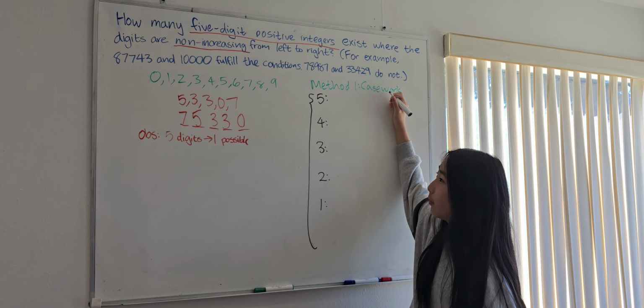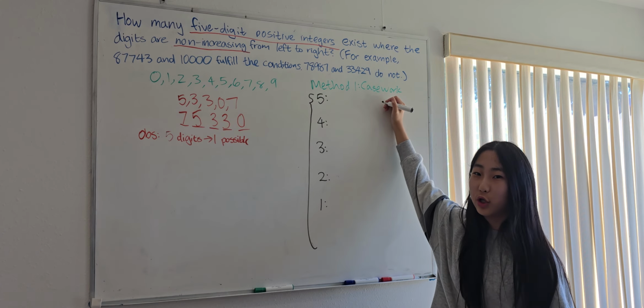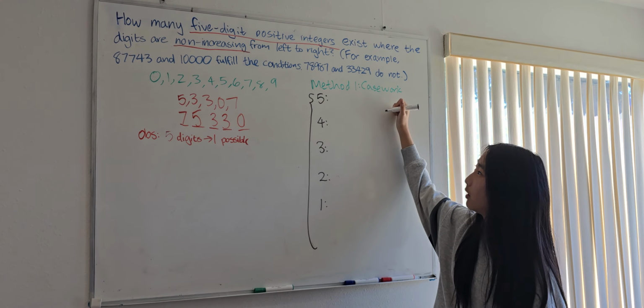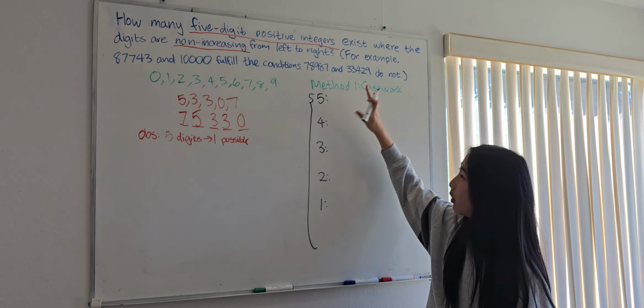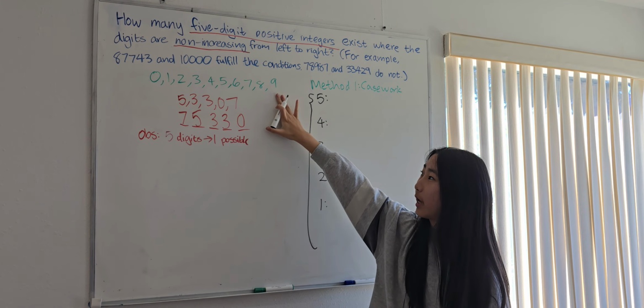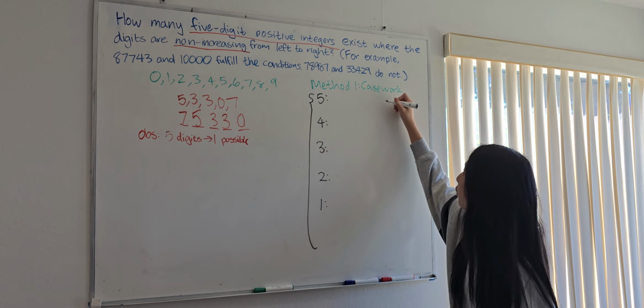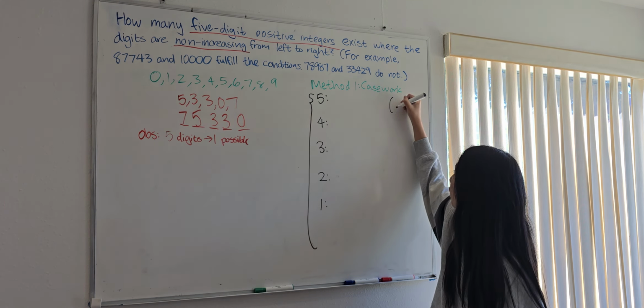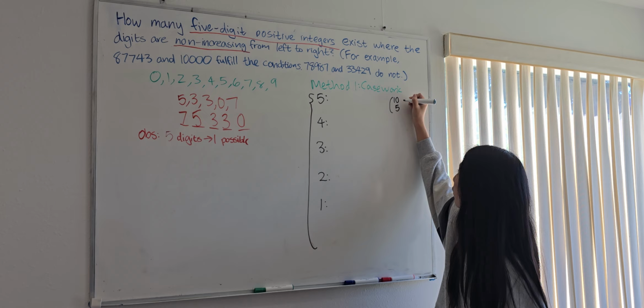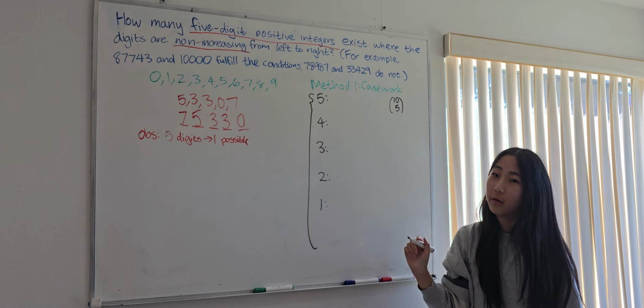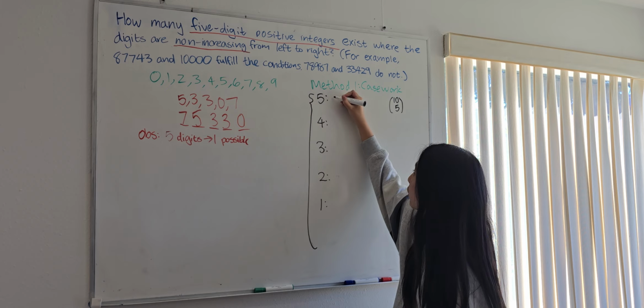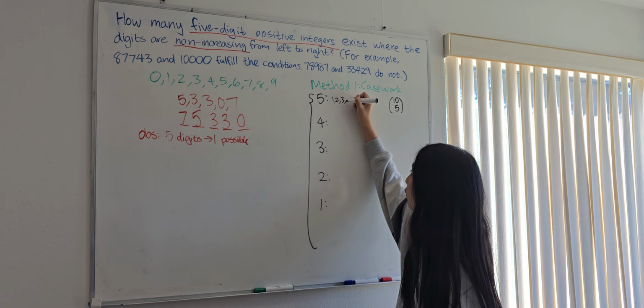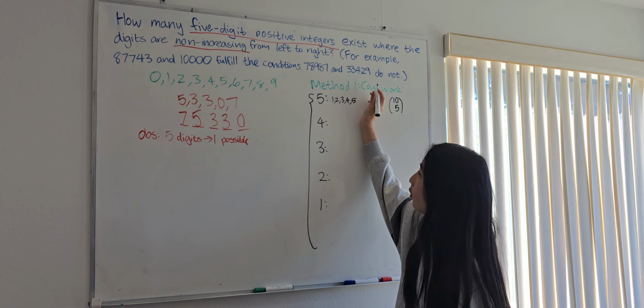The first thing we will have to do is choose the 5 different digits that we're going to use. And as we wrote up here, there's actually 10 digits that we can choose from. So this would simply be 10 choose 5 different ways to do this. Let's say that we chose 1, 2, 3, 4, and 5.